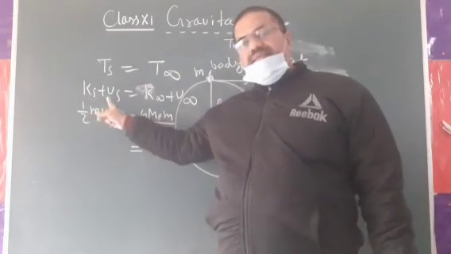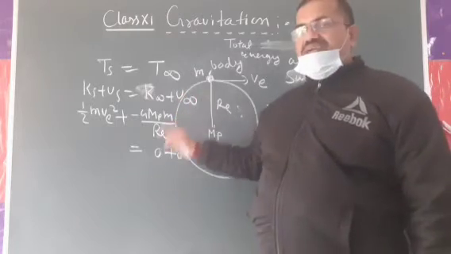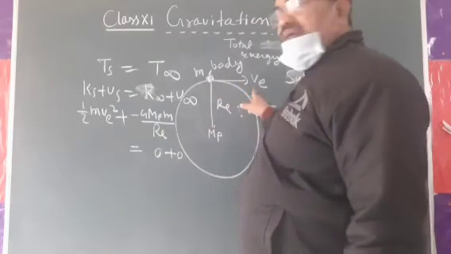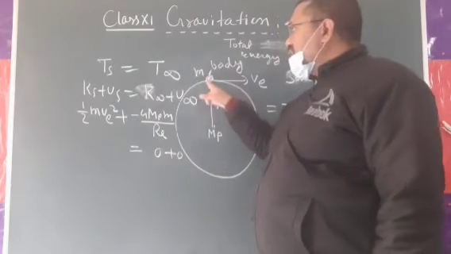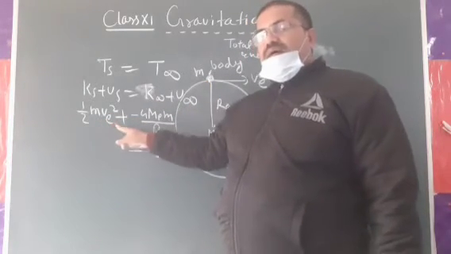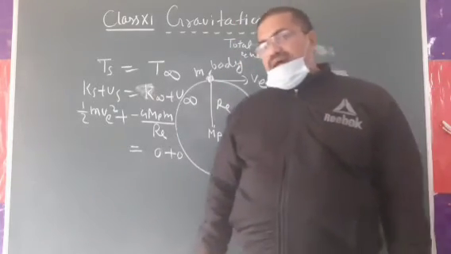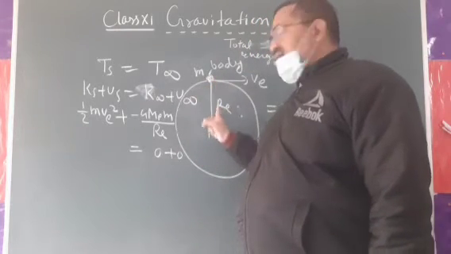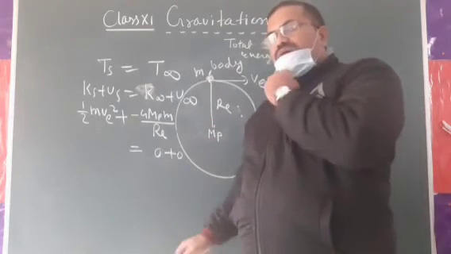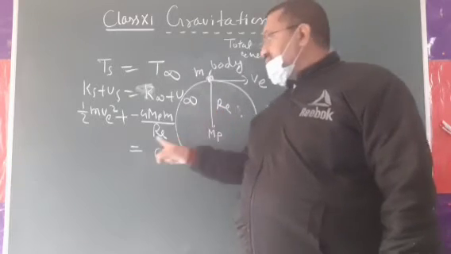So the sum of kinetic energy and potential energy at the surface equals the sum of kinetic energy and potential energy at infinity. As we throw the body at speed v and mass of the body is m, kinetic energy at the surface will be half mv square, and potential energy of a two body system is minus G m1 m2 by r, where r is the distance between the two bodies. So potential energy of the body is minus G m MP by Re.